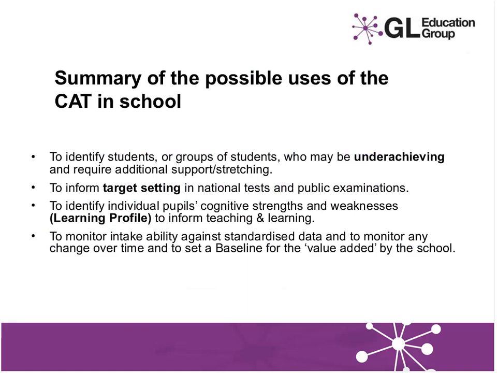But the core ones really are to identify students or groups of students who may be underachieving and require additional support or stretching. So you could argue that if you don't assess using CAT4, you may never understand the true potential of the learner in front of you. CAT4 will provide you with that data, understanding exactly what that pupil is capable of achieving.